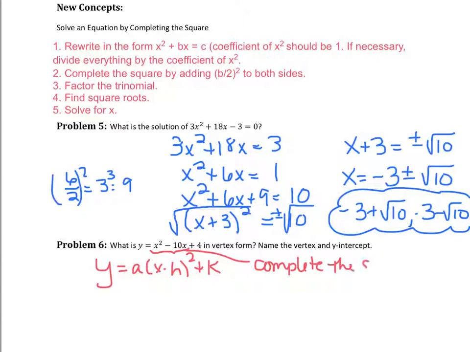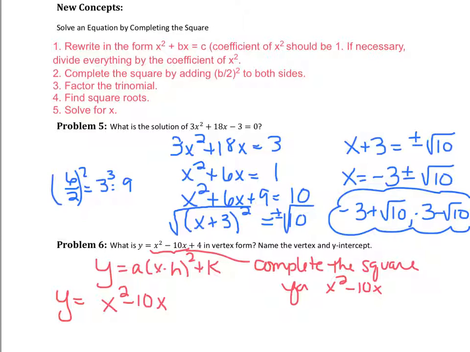Complete the square for x squared minus 10x. We take half of negative 10, which is negative 5, and square that. So we're going to add 25, but this is weird because we're doing it all on one side of the equation.